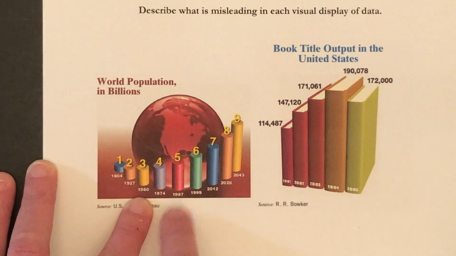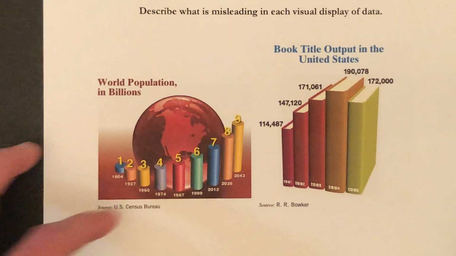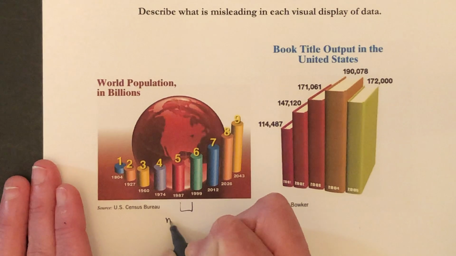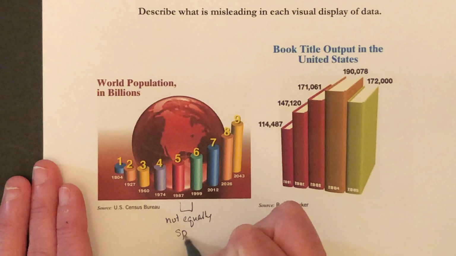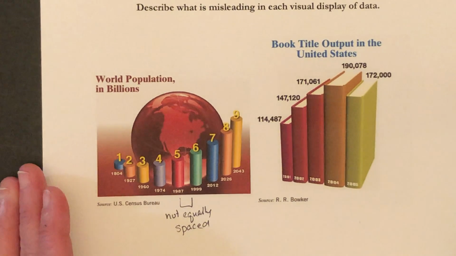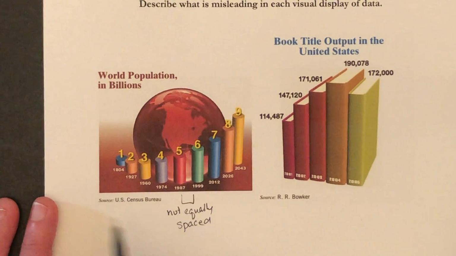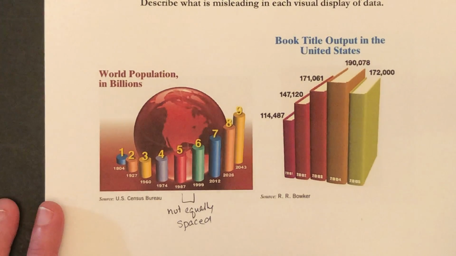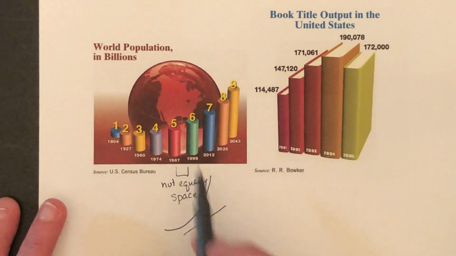And then 87, 99, 2012, and then they're projecting into the future. So the problem here is that these are not equally spaced. And that's important because it's making our growth look like it isn't speeding up as fast as it is. It's more looking like this than like this. So misleading.